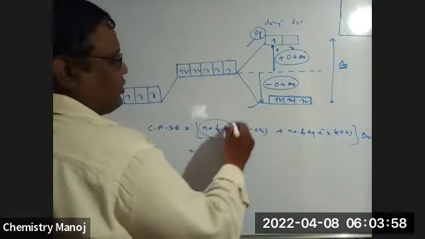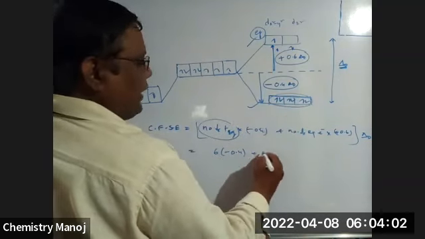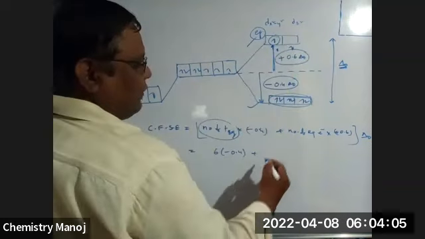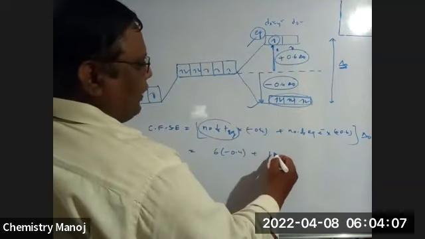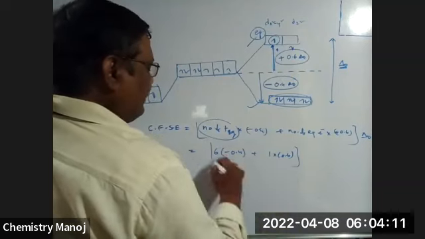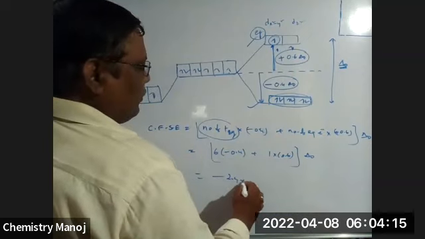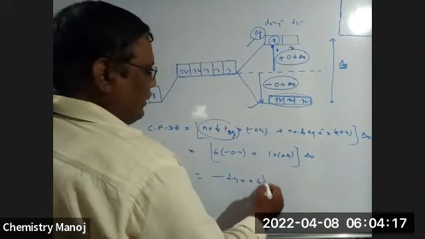In this case, how many T2G electrons? 6 electrons. 6 into minus 0.4 plus the number of EG electrons, 1, into 0.6. So overall, that is minus 2.4 plus 0.6 delta naught.